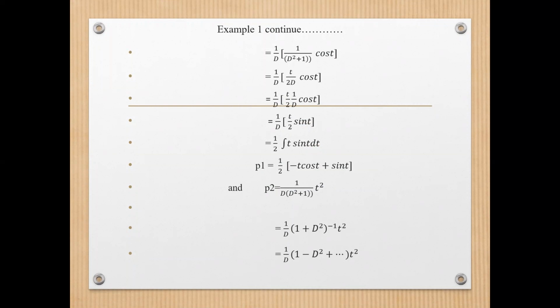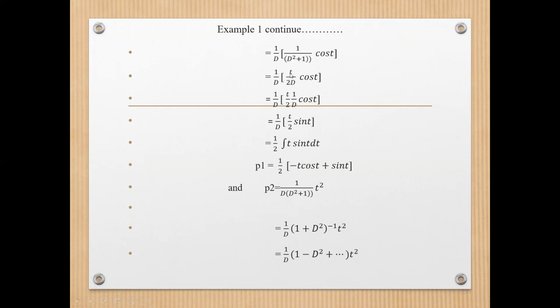But here a is nothing but 1, so we have to put D^2 = -1. If we put D^2 = -1 here, the denominator becomes 0, that means we get 1 upon 0, which has no meaning. At that time we have to use the next formula.